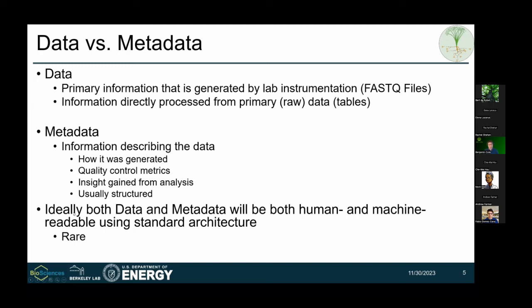And in the ideal world, both data and metadata will be both human and machine readable using a standard architecture. I'm sorry to say, this is actually pretty rare in the field now. Rare in that a complete set of metadata is reported in a repository that's machine readable. And I think there's a lot of room for improvement, especially in the plant community, for this.